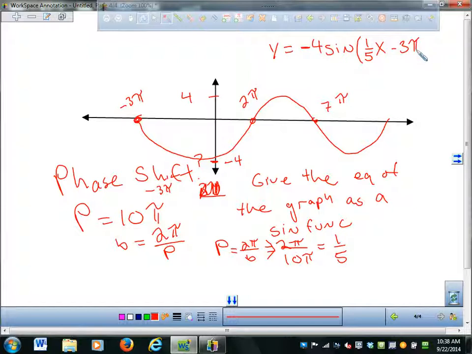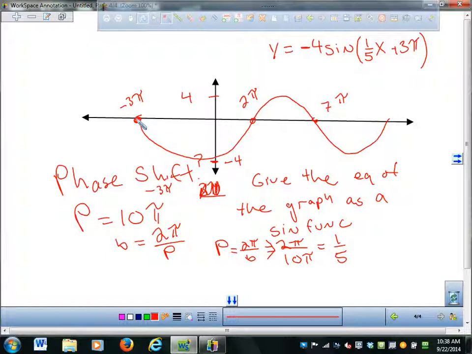Wouldn't it be plus 3 pi? Why plus 3 pi? Because it's negative. No, the period's 10 pi. Hold on a second.